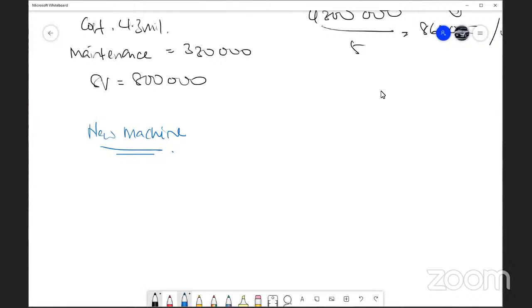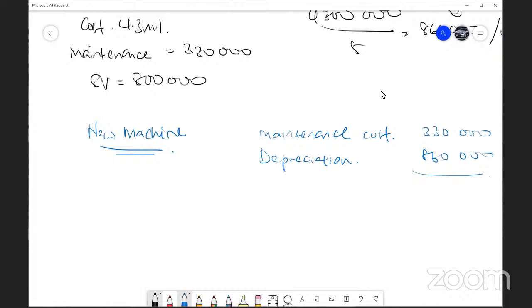So do an income statement: costing, maintenance cost, and depreciation. Maintenance cost here for the new machine is $330,000. We calculated the depreciation per year as $860,000. These two are actually negative figures. You don't take revenue into consideration again. I hope you remember what we did last week.